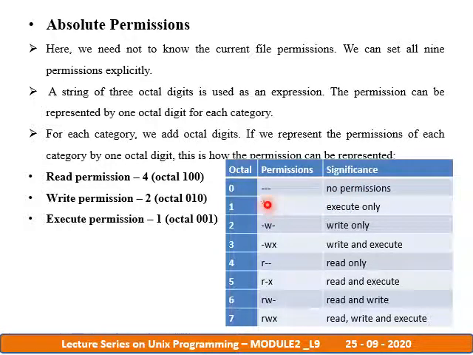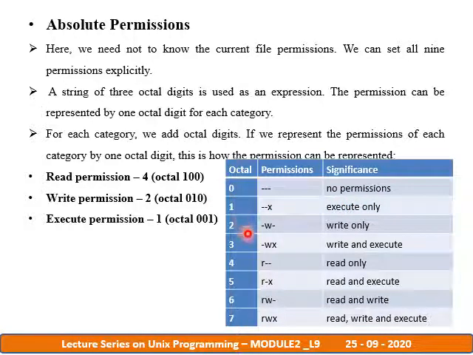Then just try to remember in the form of binary numbers. This is 000. Next, how is the binary number 1 represented? 001. So 001 means at the least significant bit, normally RWX we have, X indicates only execute permission. So that indicates octal 1.